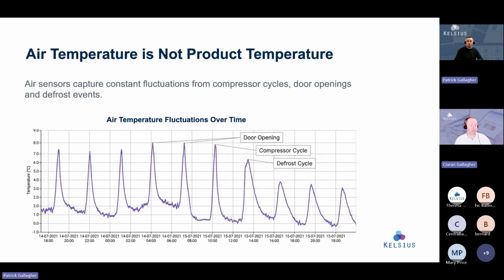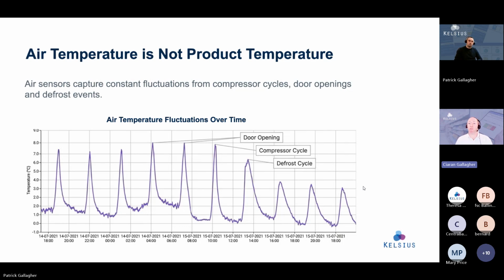Thanks, Patrick. Hi again, everyone. Just to kick things off, as basic as it sounds, the first point to note is that air temperature is not the same as product temperature. It acts and behaves differently, and when you're monitoring a unit, the data is going to look different.